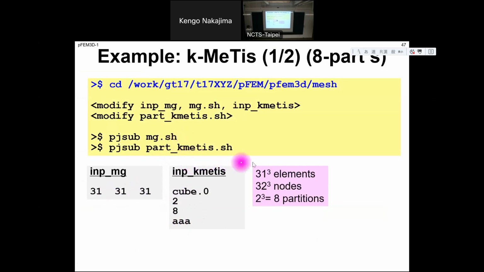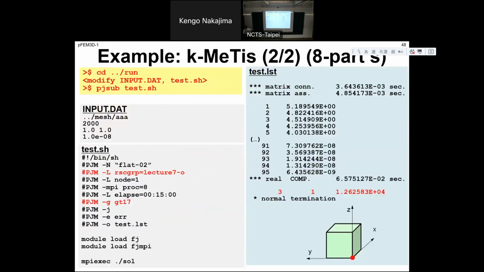In this case, we have 31 cube elements, so that means 32 cube nodes in total. And this is a partitioning method. And you can find test.sh in the directory.